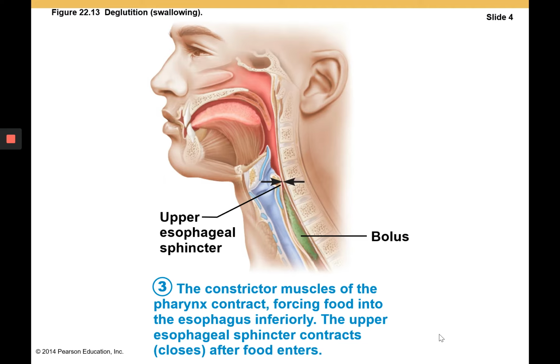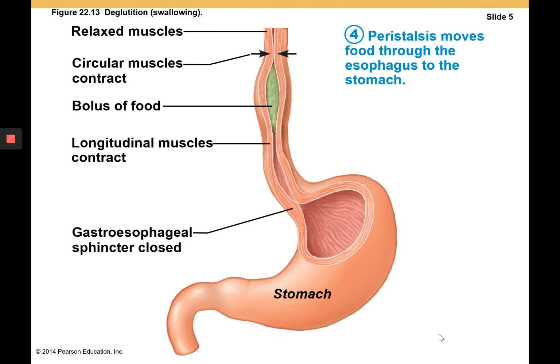The constrictor muscle will close again once the food has passed from the pharynx into the esophagus, and then peristalsis will be the type of contraction that occurs along the esophagus to get the food to move into the stomach. So peristalsis moves food through the esophagus to the stomach.